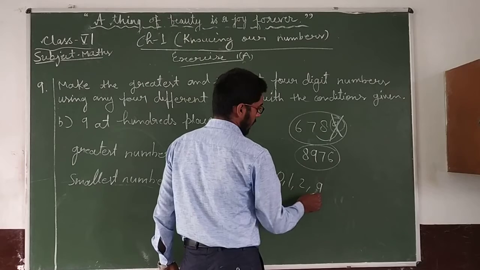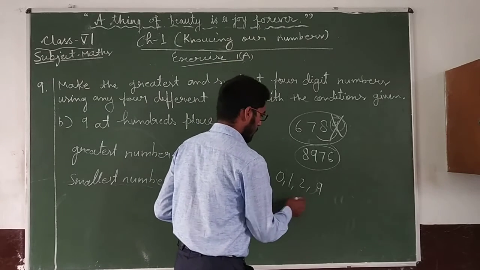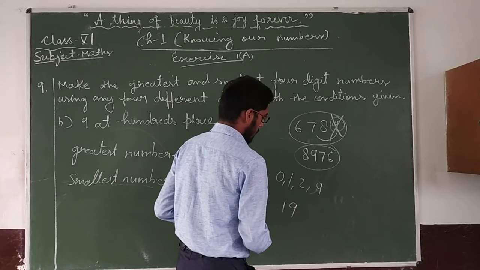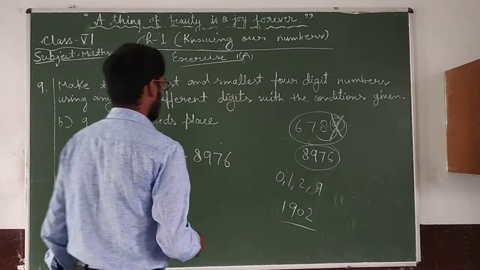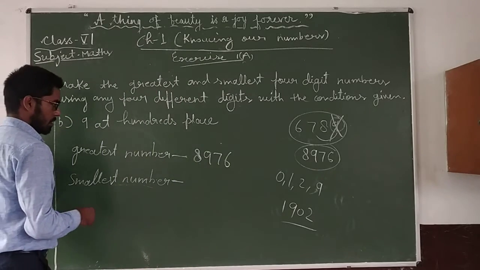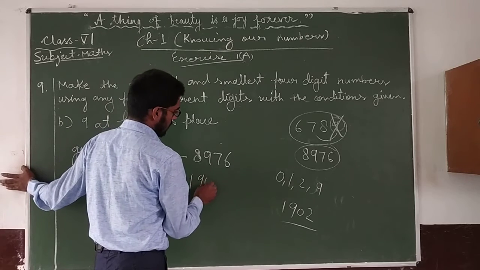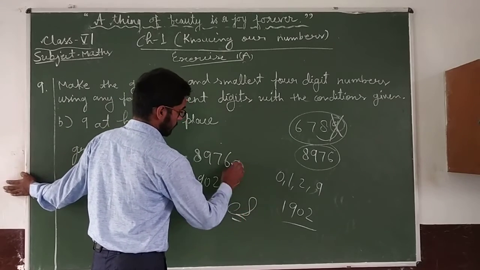So 9 should be here, and after that, which one is the smallest? 1. After that 0, then 2. This is the smallest number where 9 is at the place of 100. So write 1902. These are your answers.